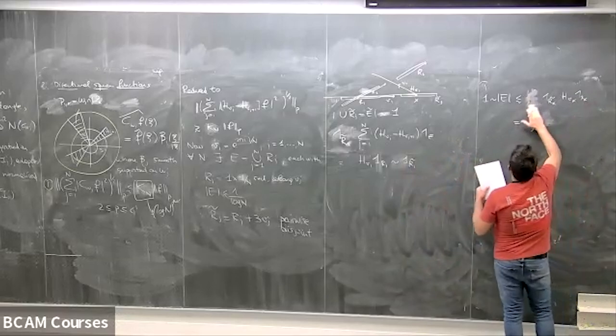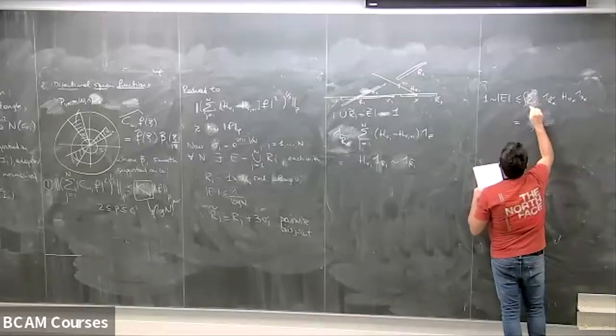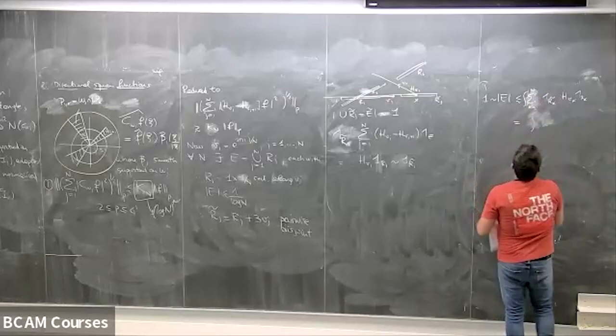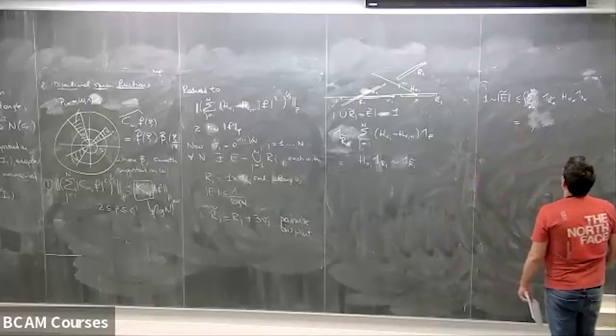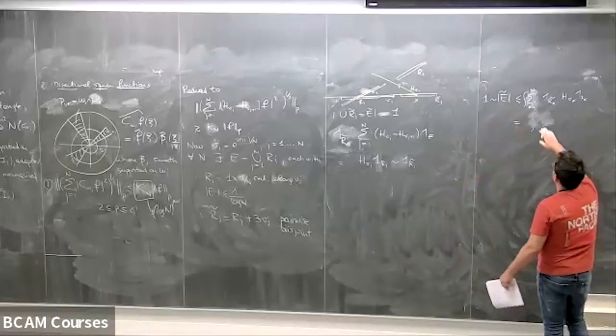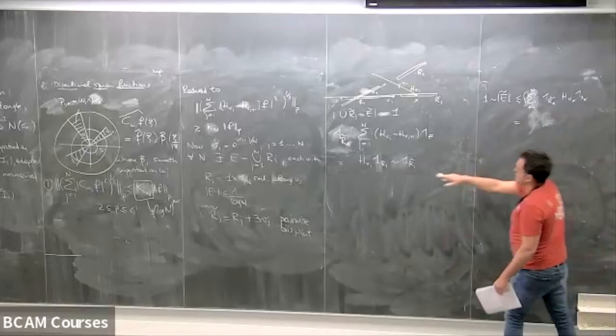Okay, I have to sum here. I have to sum over k. Okay, on each piece of E tilde, I'm gonna write 1 in this way.